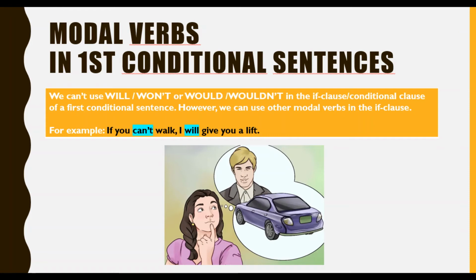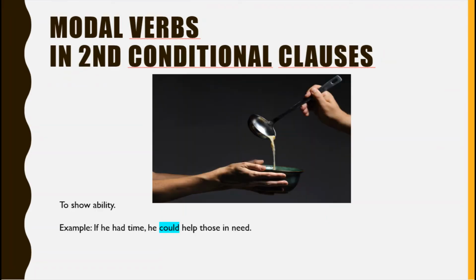Now, let's see some examples of modals in second conditional sentences. If he had time, he could help those in need. In this case, could is used in the result clause to show that he can help when he has time.